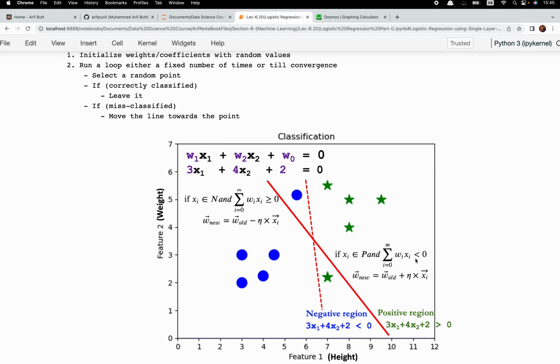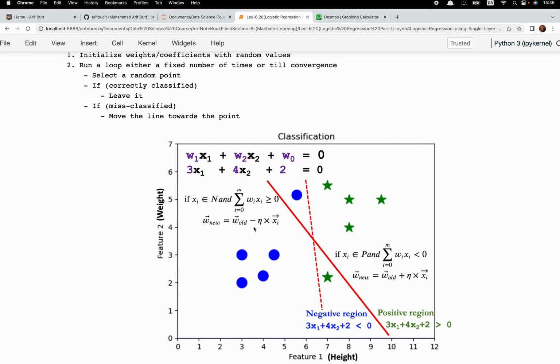The next $100 question is how to move this solid red line so that the point falls in the correct class or region. As a rule of thumb, remember, if a misclassified point is in the positive region, you subtract.